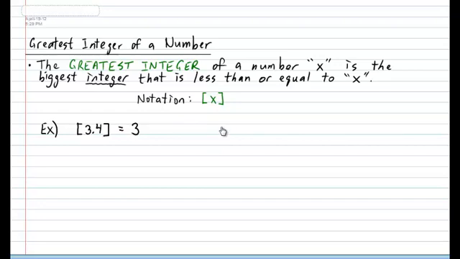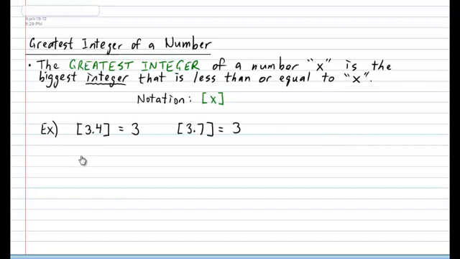Let's take a look at another example. Suppose I asked you, what was the greatest integer of the number 3.7? Again, ask yourself, which whole number comes closest to 3.7 without going over 3.7? Well, that would be 3 again. Let's try another example.